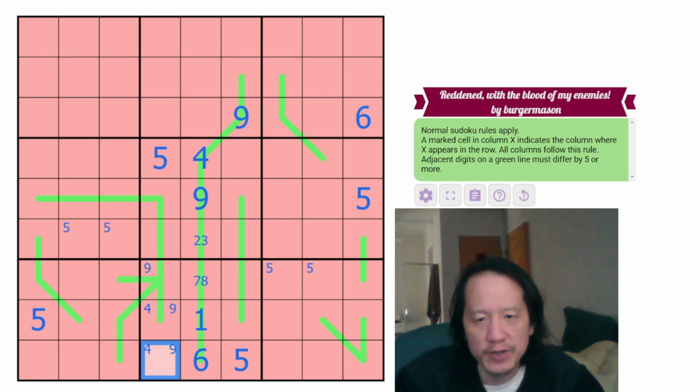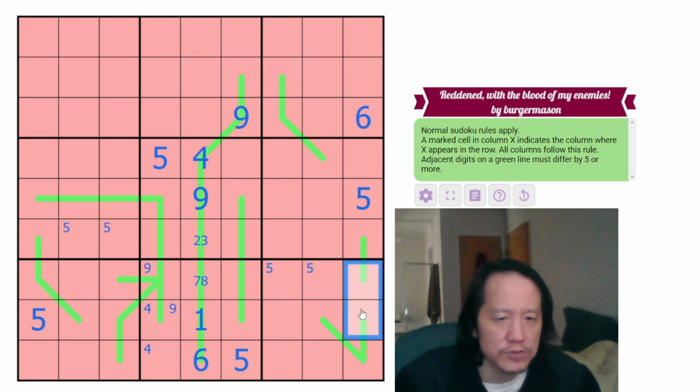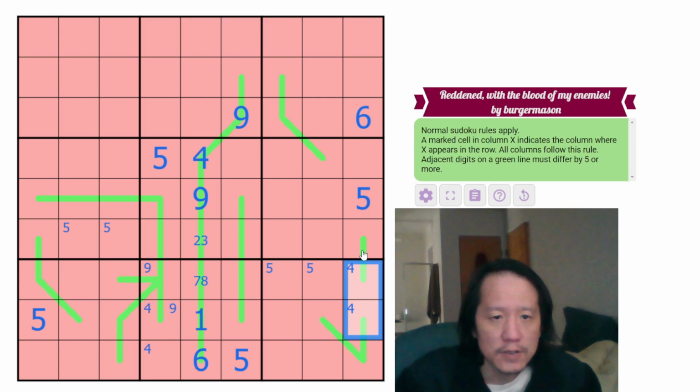So this can never be 9. So 9 has to be one of these two cells, which means one of these two cells has to be a 4. Right? Because this is saying that 4 is in the 9th position, so therefore one of these two must be a 4. So, let's see.